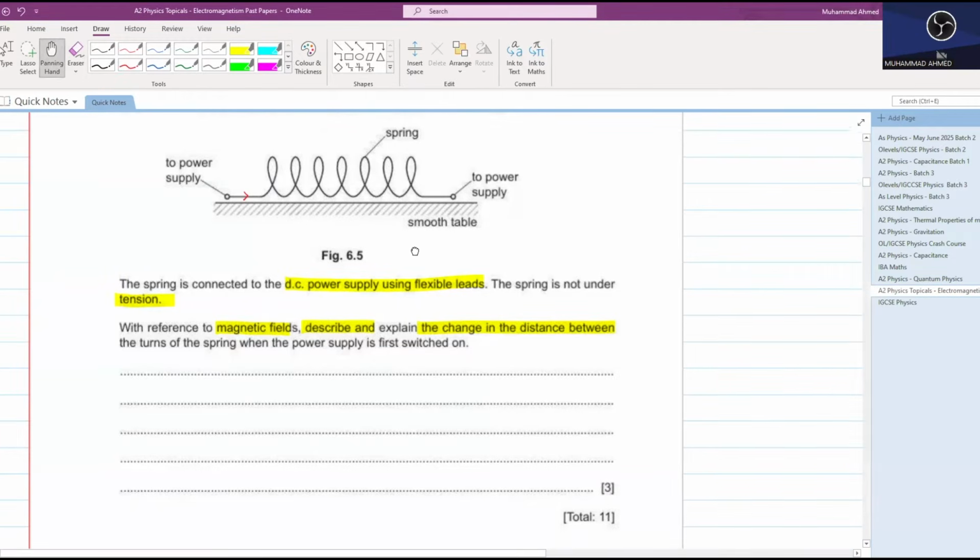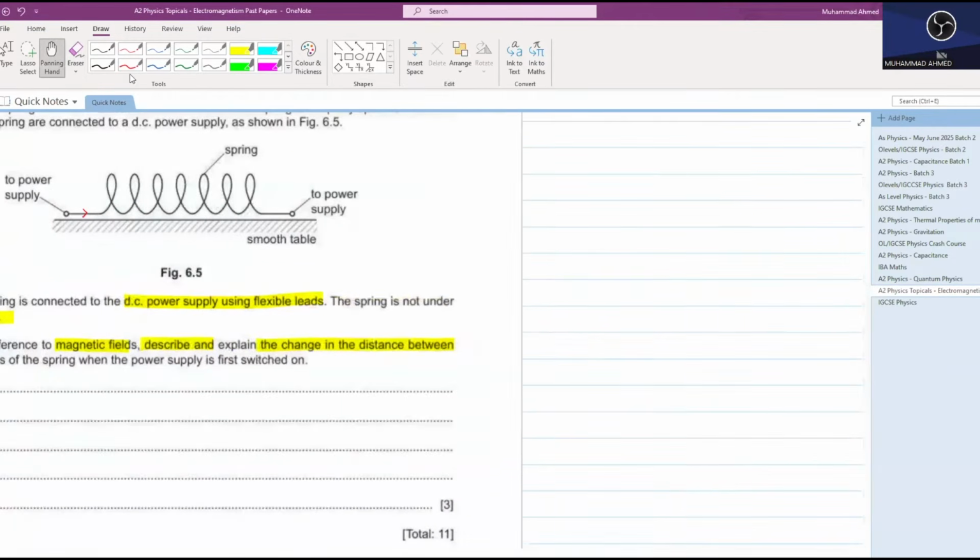Let's first of all visualize it. Let me take these two turns of a coil. Let's make it dotted so that you know what I am drawing.